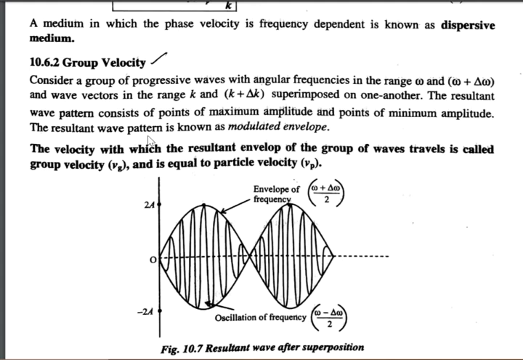So from the figure, it is clear that the speed at which the envelope travels with respect to time, we call it group velocity.